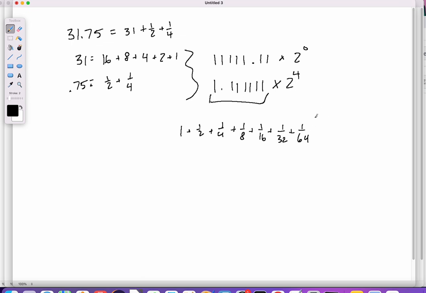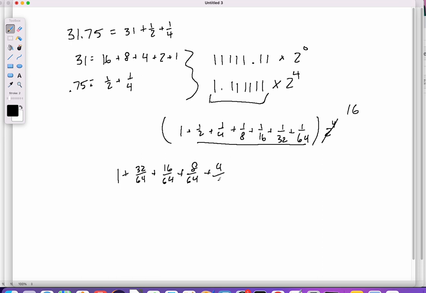But this is all times 2 to the fourth. 2 to the fourth, this number here is 16. So first of all, let's put these all over 64s. So that's 1 plus 32 over 64 plus 16 over 64 plus 8 over 64 plus 4 over 64 plus 2 over 64 plus 1 over 64.